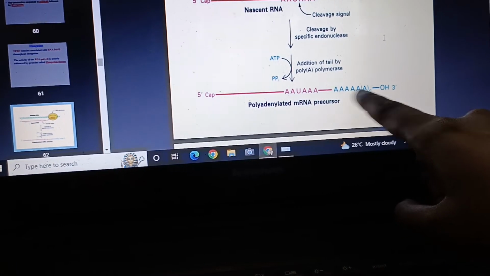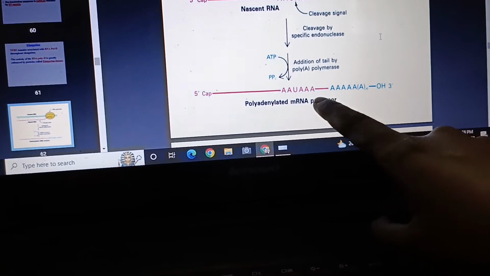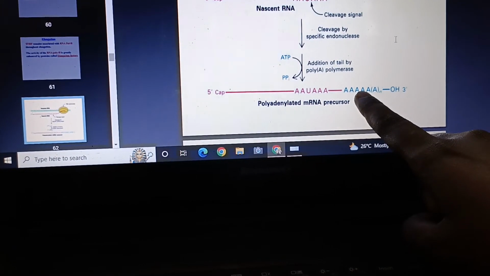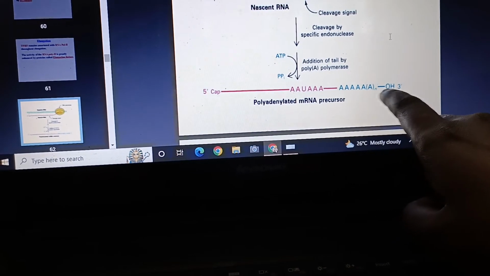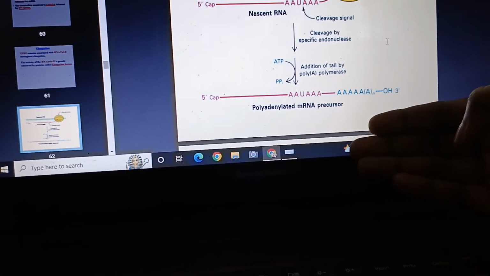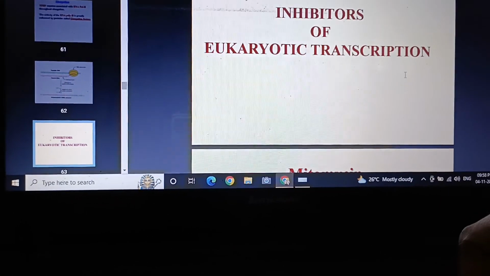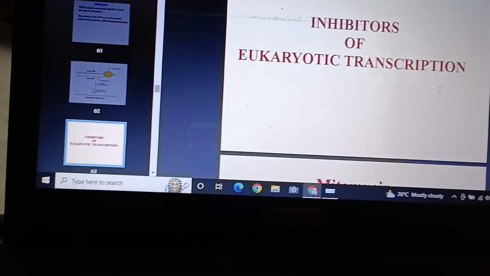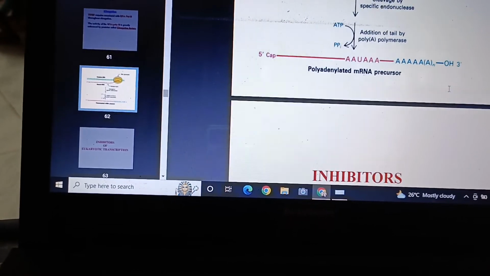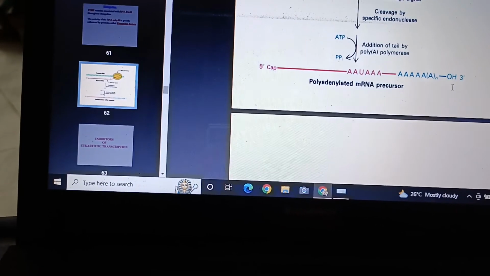So that is why it is called a polyadenylated mRNA precursor. Precursor means this is not a whole mRNA. Before the whole mRNA is synthesized, this is called a precursor. So from this, your termination is over.